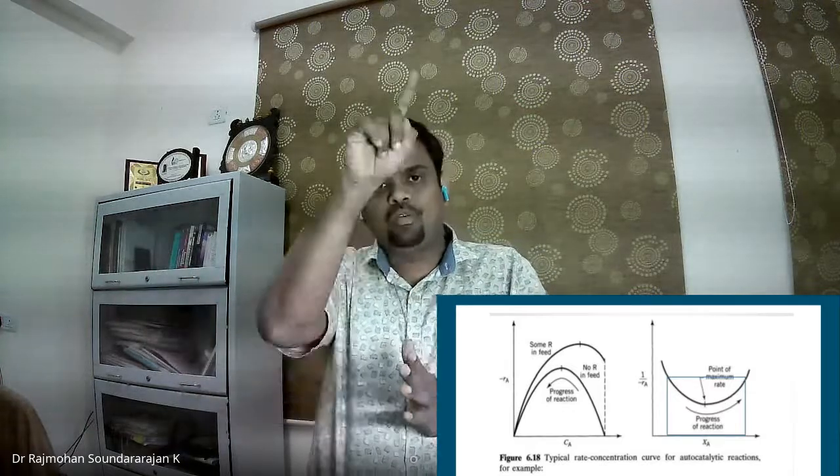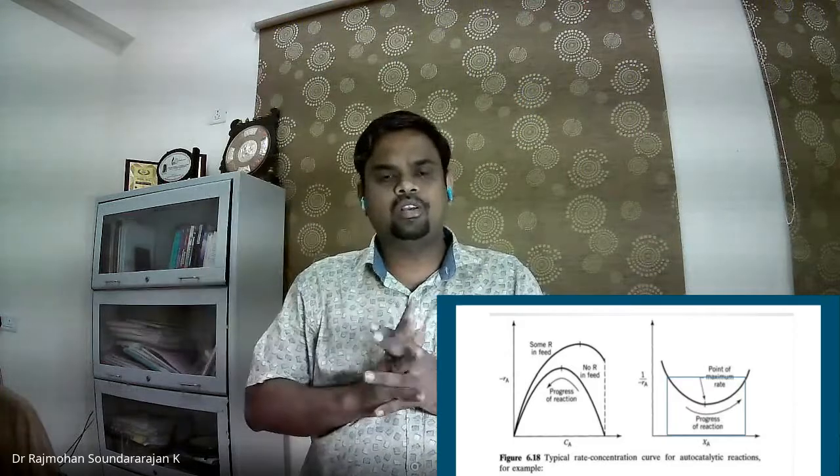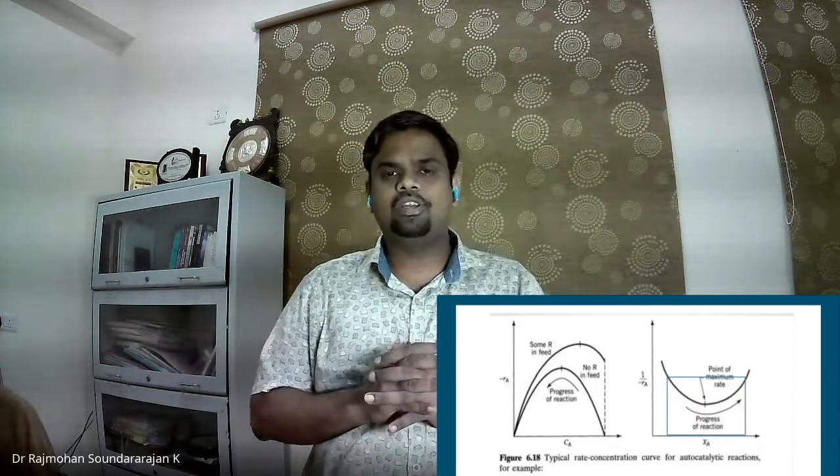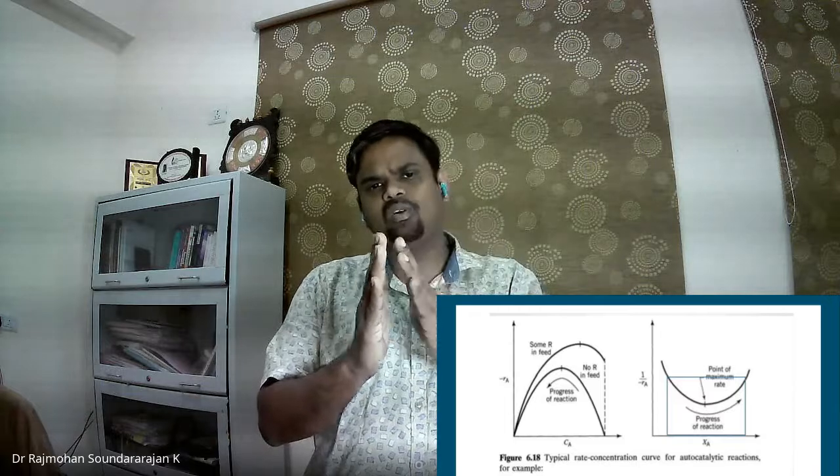Let me say we have a curve of 1 by minus RA versus XA in a U shape. For low conversions, which is better, the rectangle or the area under the curve? When you have a curve like this, the rectangle is smaller.